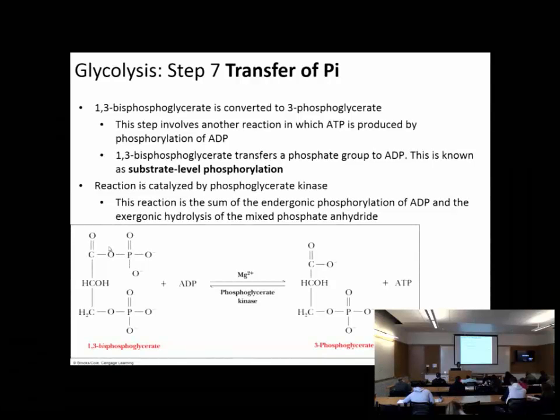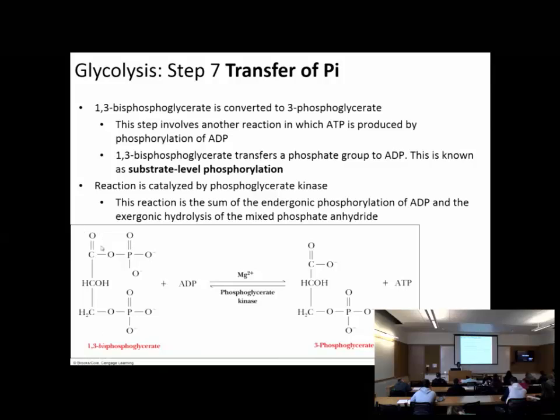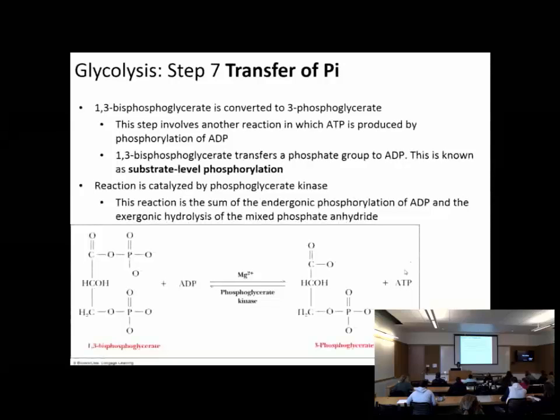So if we look at the amount of energy that we're going to get by taking the phosphate off of our 1,3-bisphosphoglycerate, by chopping off this phosphate, it's negative 49.3 kilojoules per mole. If we look at ATP, to take off one of the phosphates, it's negative 30.5 kilojoules per mole.